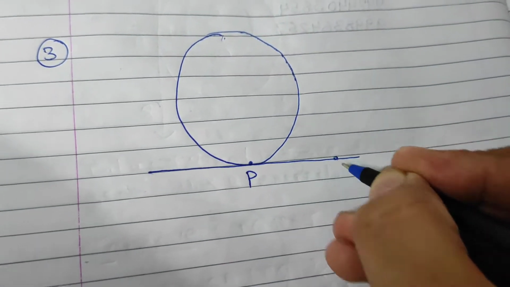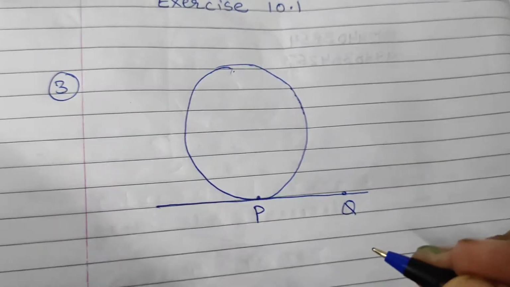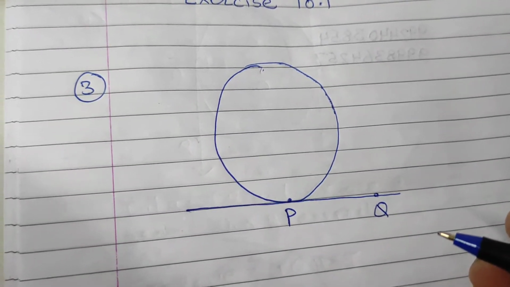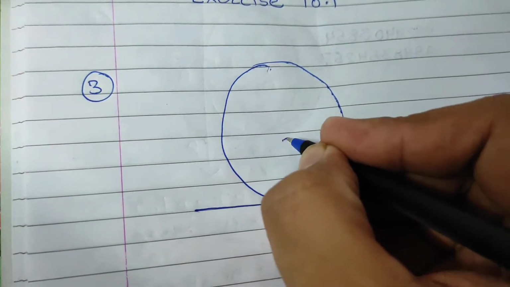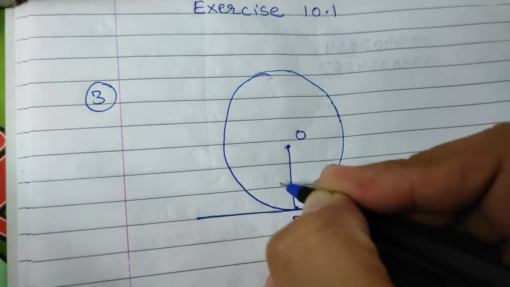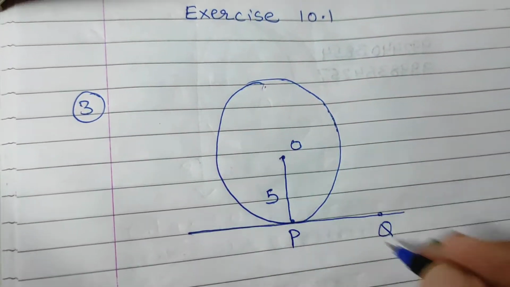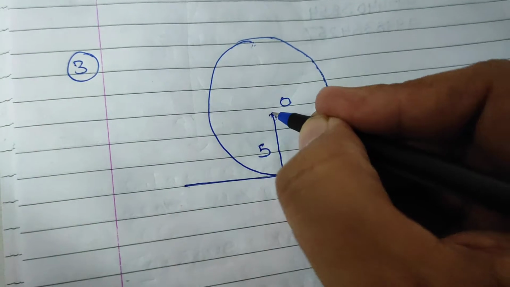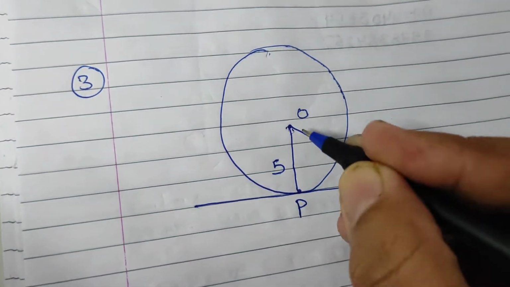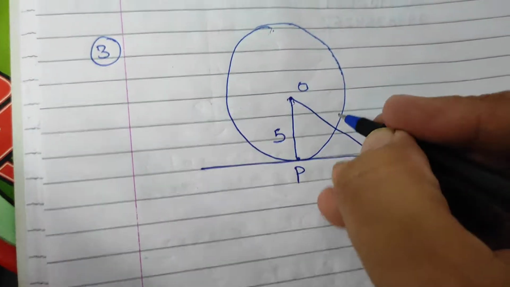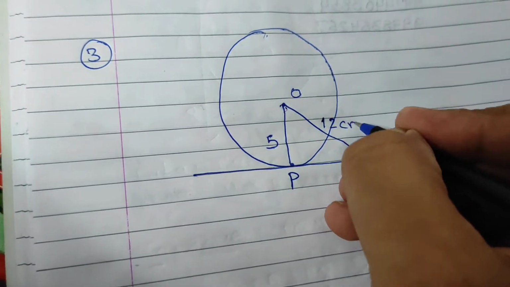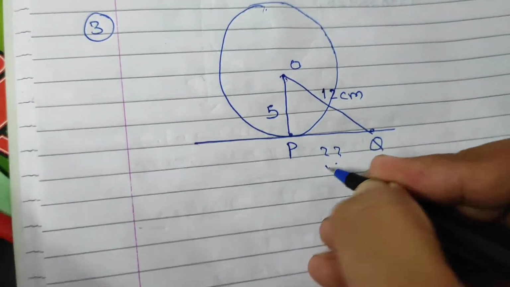The tangent PQ at point P of the circle, radius 5 cm, meets a line passing through O at Q. OQ is 12 cm and we have to find PQ.